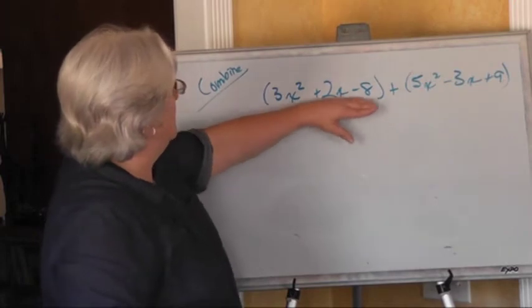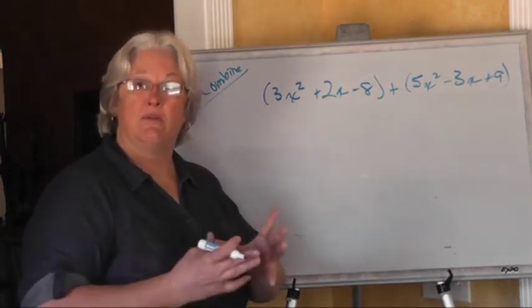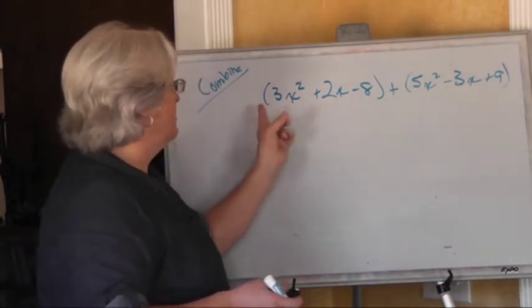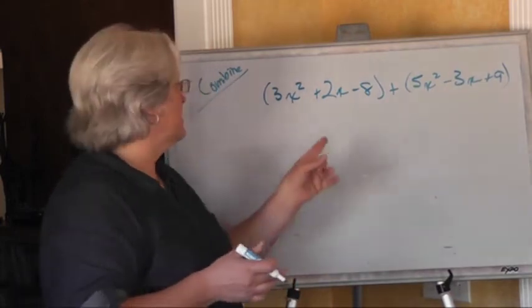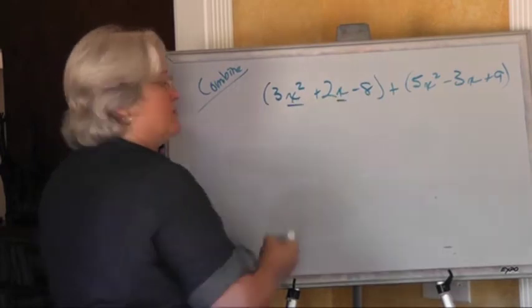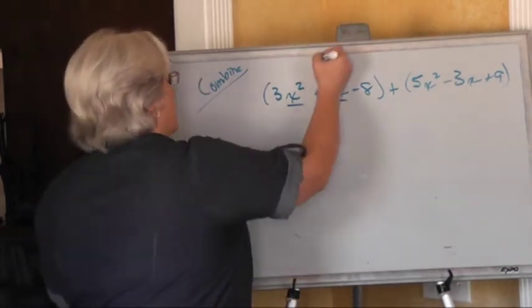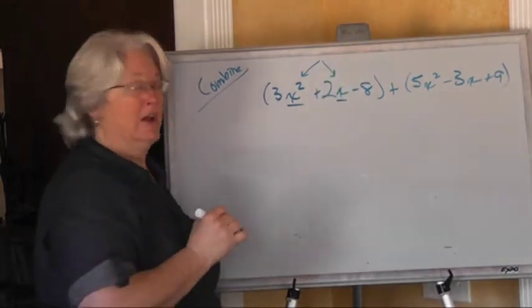So let's look. We have 3x squared plus 2x minus 8. Do we have any like terms within here? No, because remember, in order for terms to be considered like terms, they have to agree both in the variable. So we've got those x's, but they also have to agree with the exponent. Here we have a 2, and here we have an exponent of 1.